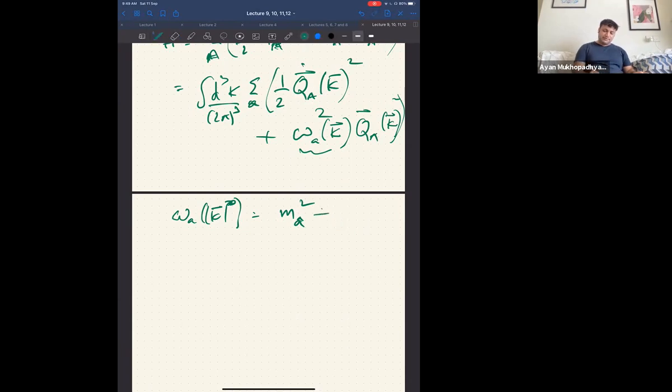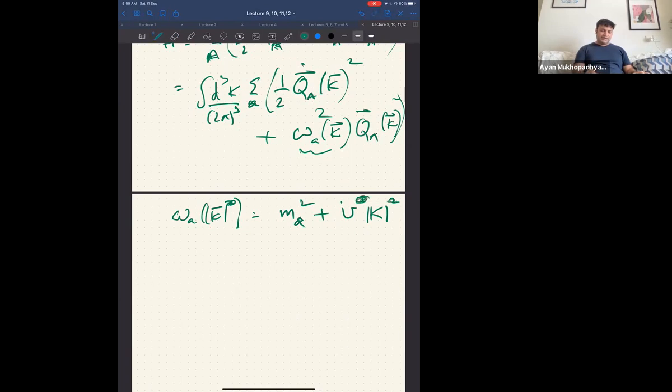Here m_a of course doesn't have the proper dimension. So I have to put some h bar or something like that.